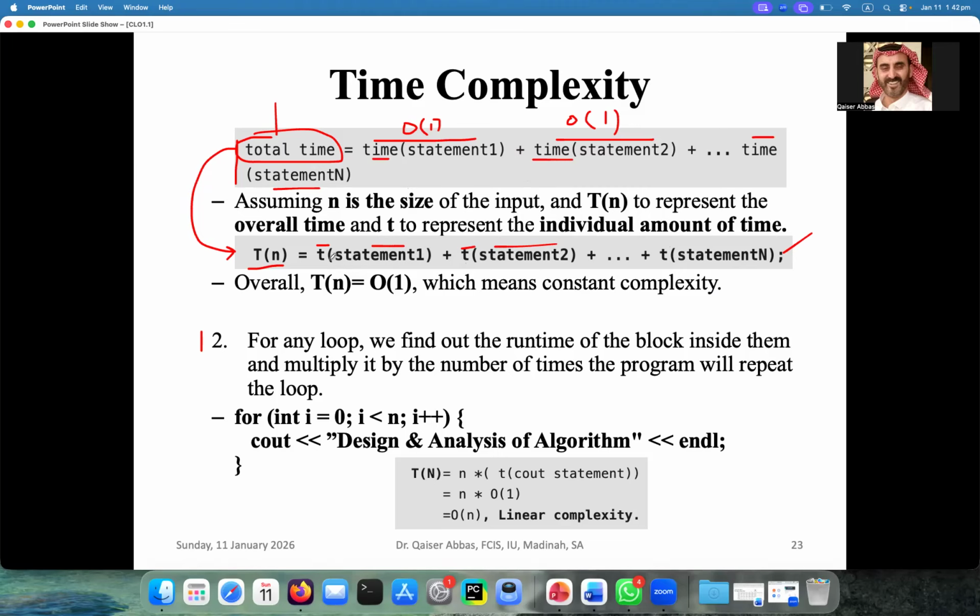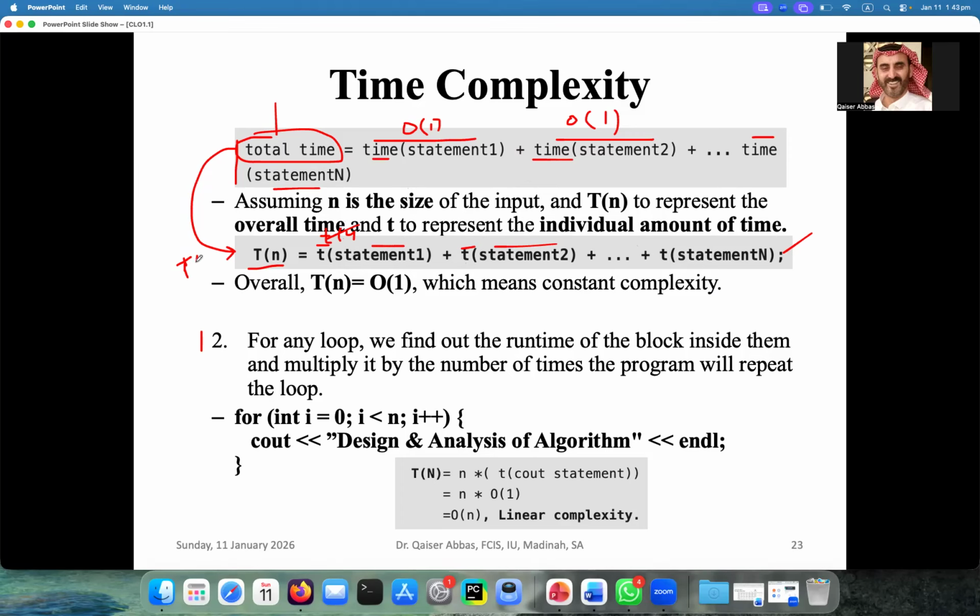The meaning is the same. It would be order of 1 plus order of 1 plus order of 1 plus order of 1. For the previous example, it is finally giving you the time after summation. What time?